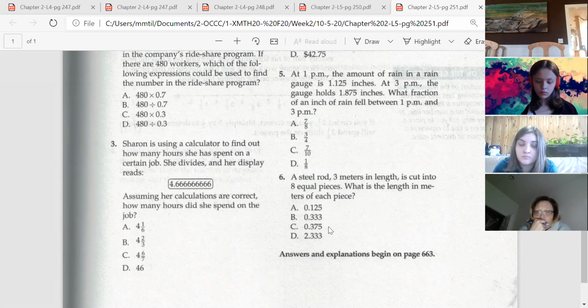If you don't know, look at that table on the previous page, or take your calculator and divide 3 by 8. What do you get? 3 divided by 8. C, right, is 0.375.